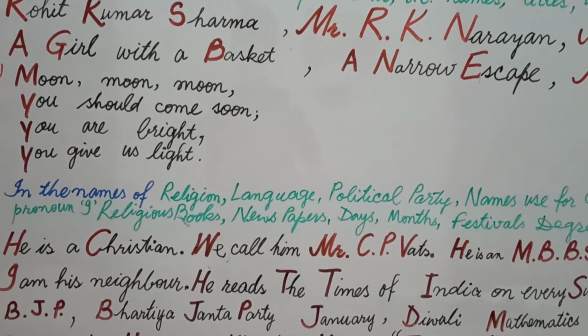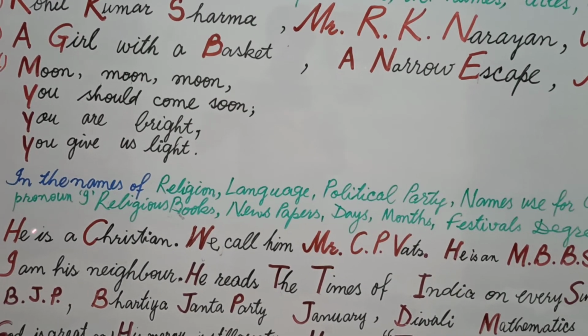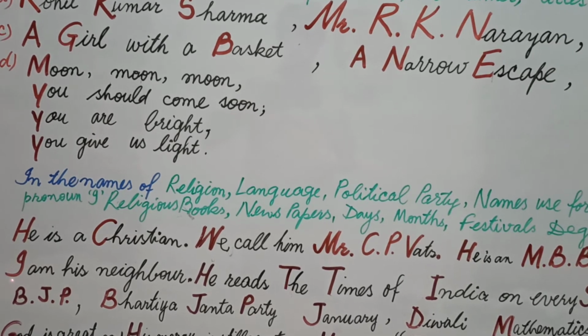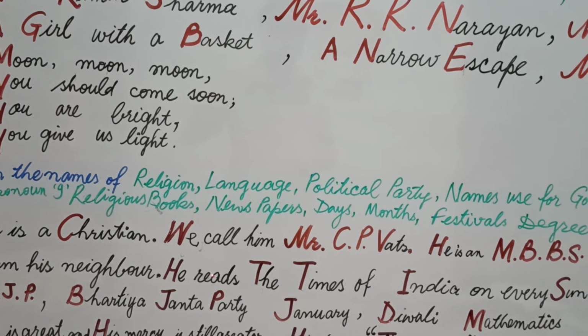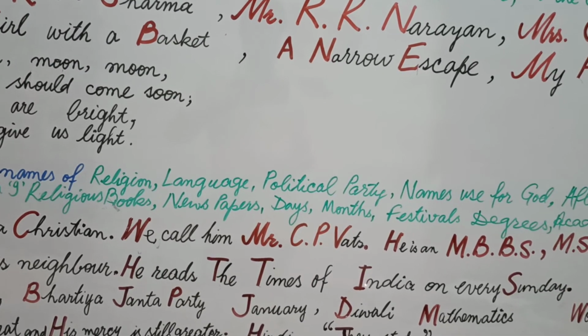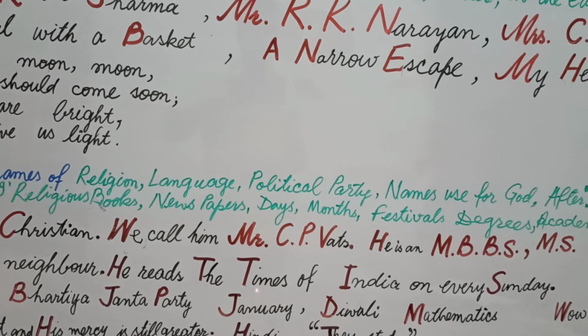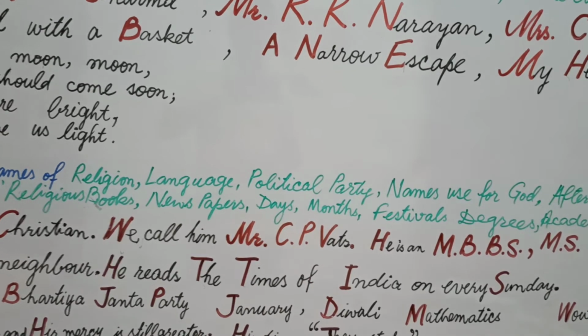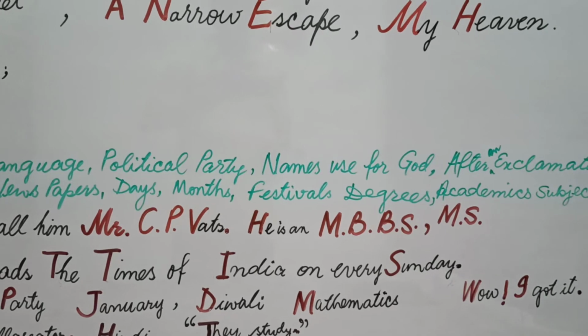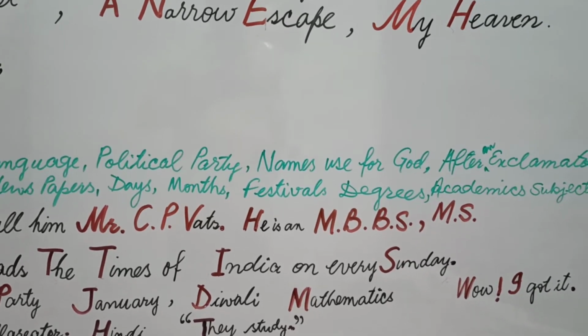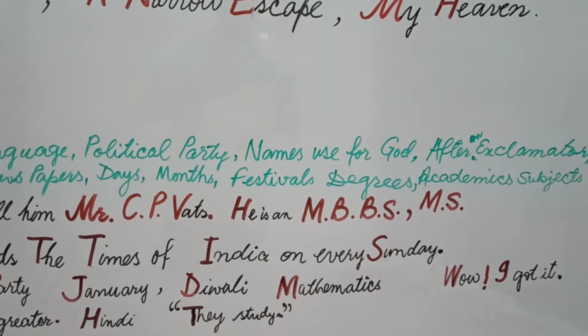Now students, I am his neighbor. I is a personal pronoun, I used capital, then full stop. H capital, he reads The Times of India. TTI capital. This is a preposition, that's why I didn't use O in capital form. On every Sunday, Sunday is the name of the day, it's a proper noun, that's why I use capital.